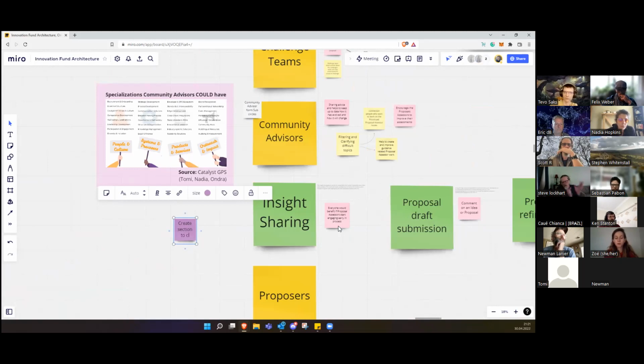Because they've learned what good proposals are, they're more qualified to work at the beginning of the funding round to really help people have good proposals.